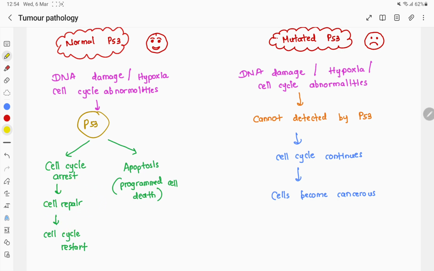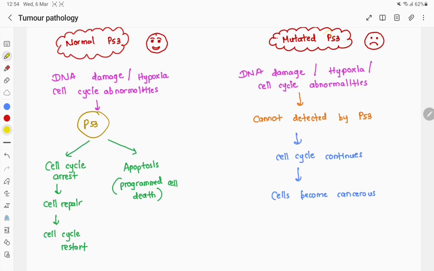After successful repair the cell cycle restarts and that cell can undergo the cell cycle. If that cell is not able to repair that abnormality successfully, p53 diverts that cell into permanent cell cycle arrest or apoptosis, meaning programmed cell death.